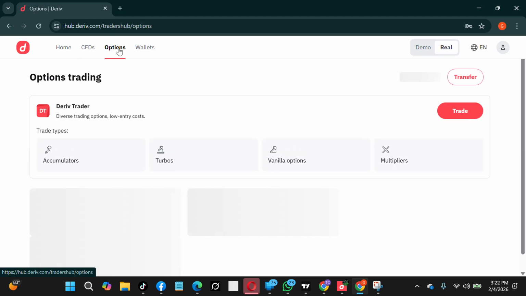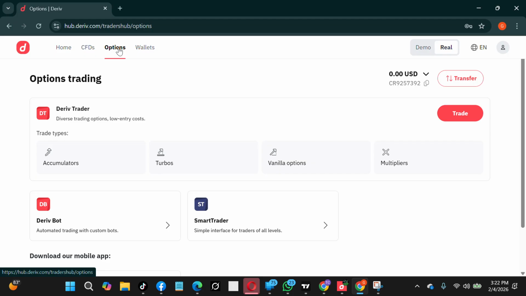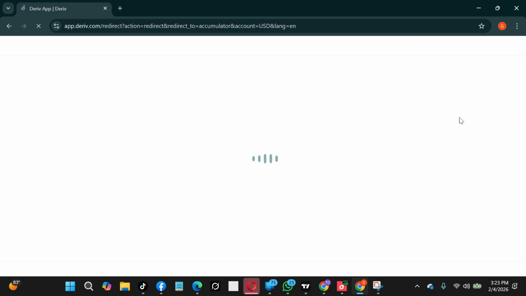Now here is where we'll find each and every market that we'll be trading here in the Deriv. So the binary options, here is where you will find the different markets and everything. So let's begin. Once you have pressed the options, you will come here to the trade section. Once you have done that, let's wait for it to load, because it takes time to load.